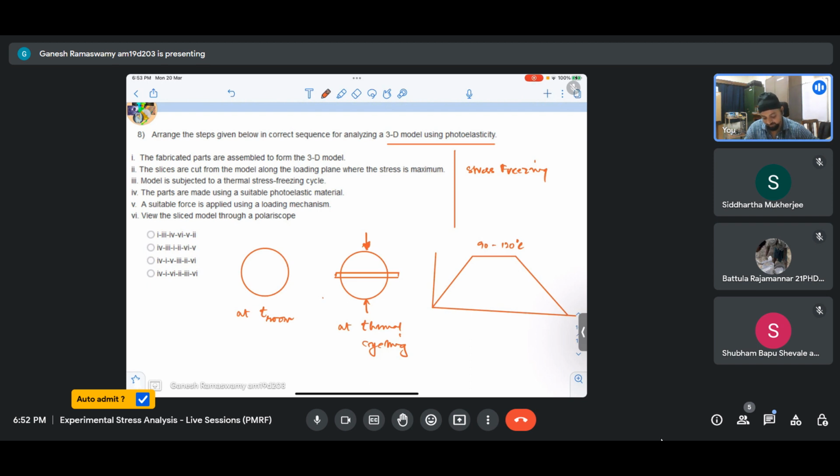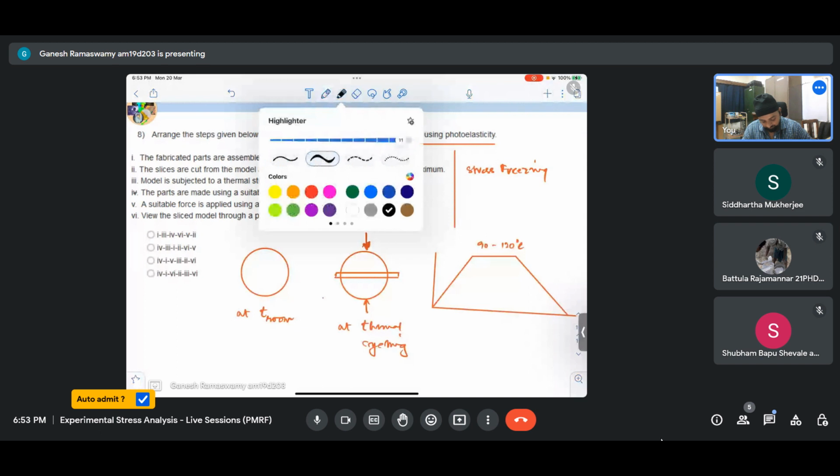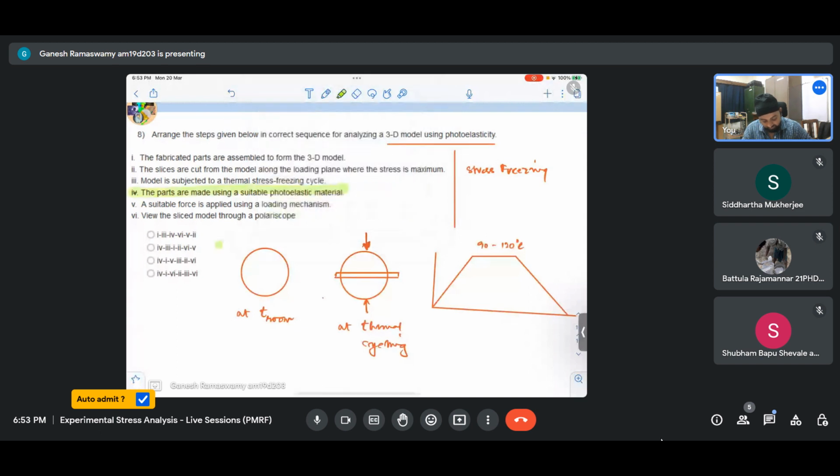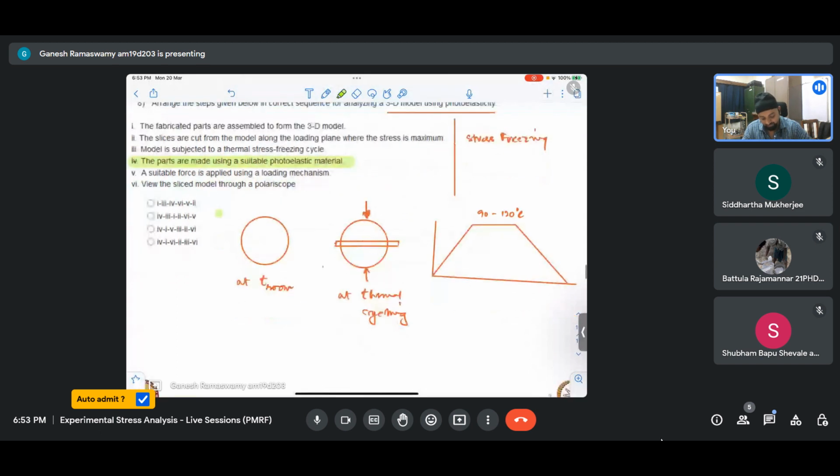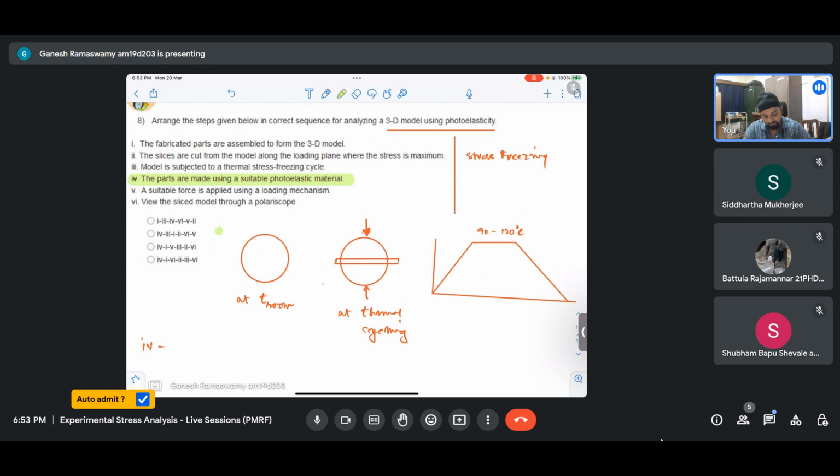A suitable force is applied to the loading mechanism. View the sliced model in the polariscope. We'll start with the selection of a suitable material. Once we select a suitable material, we will calculate the force that needs to be applied.